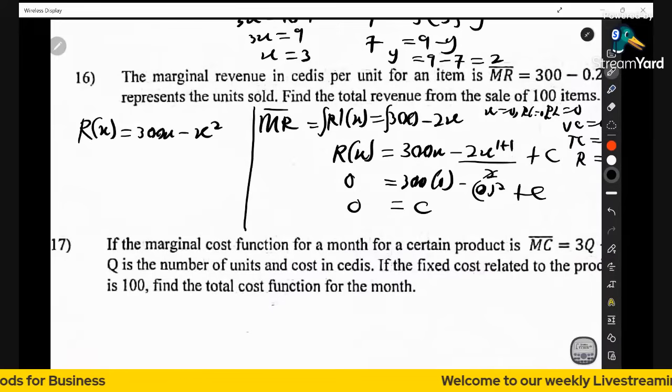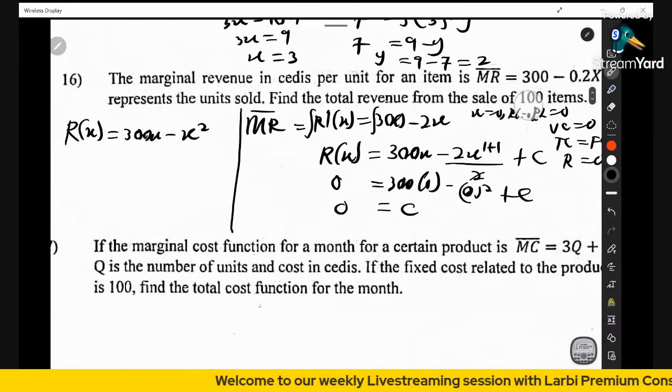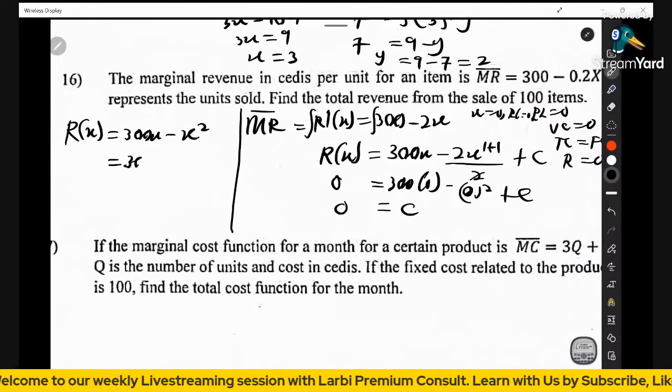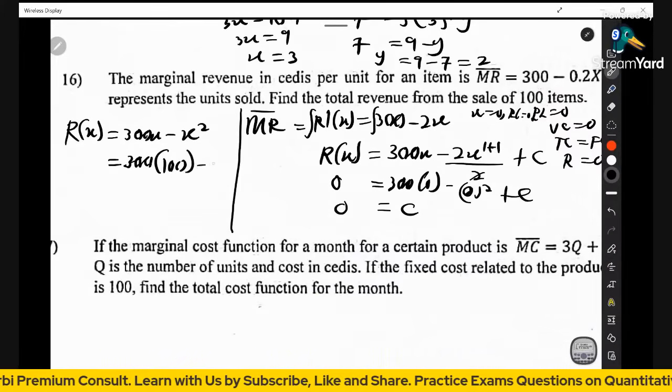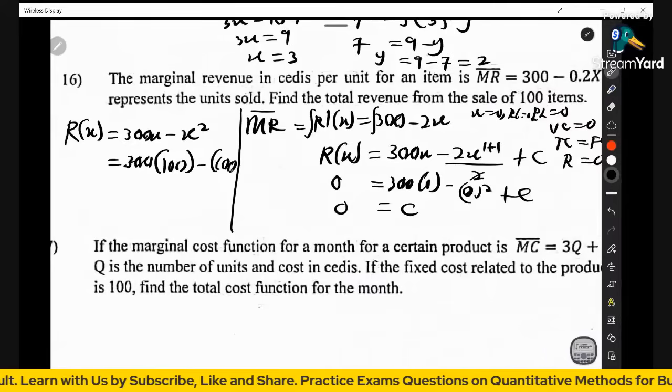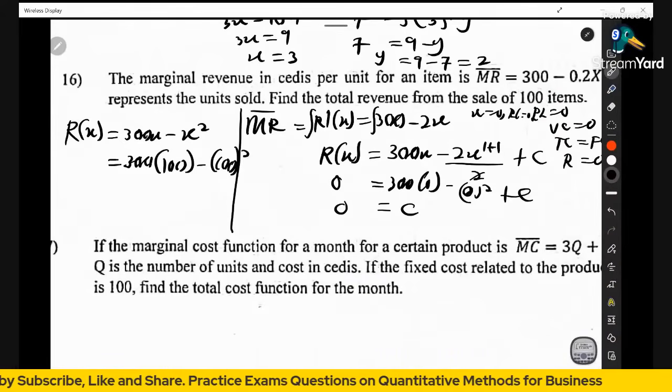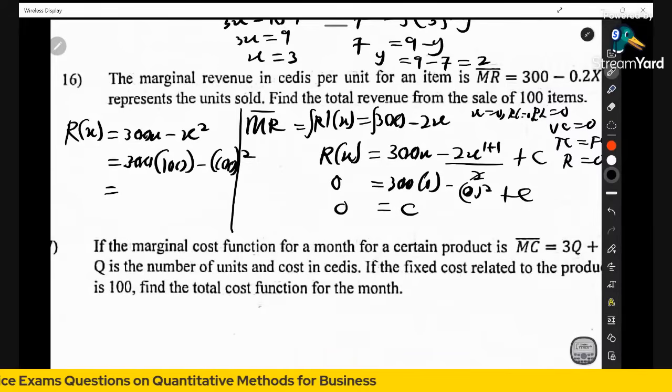So let's take note. Once you're able to get this, then we can find the total revenue when we have a sale of 100 items. So that should be equal to 300. Whenever I see x, I'll substitute 100 there. So that becomes 300 times 100 minus 100 squared. So what are we getting here?